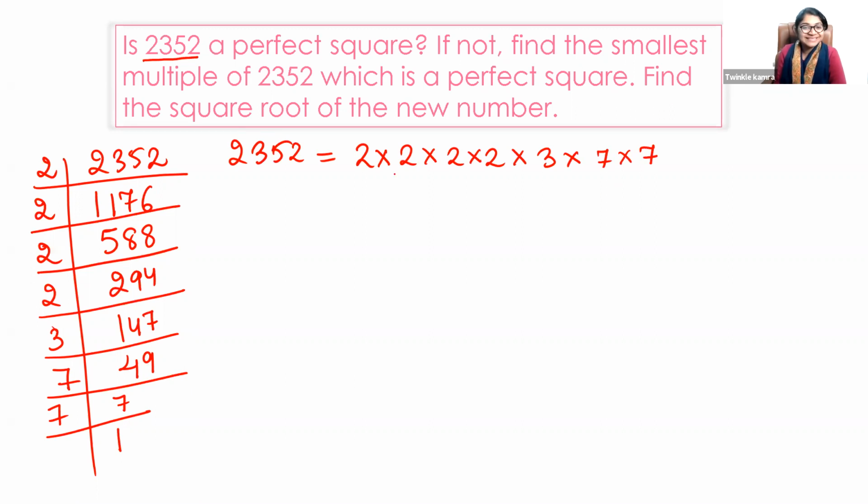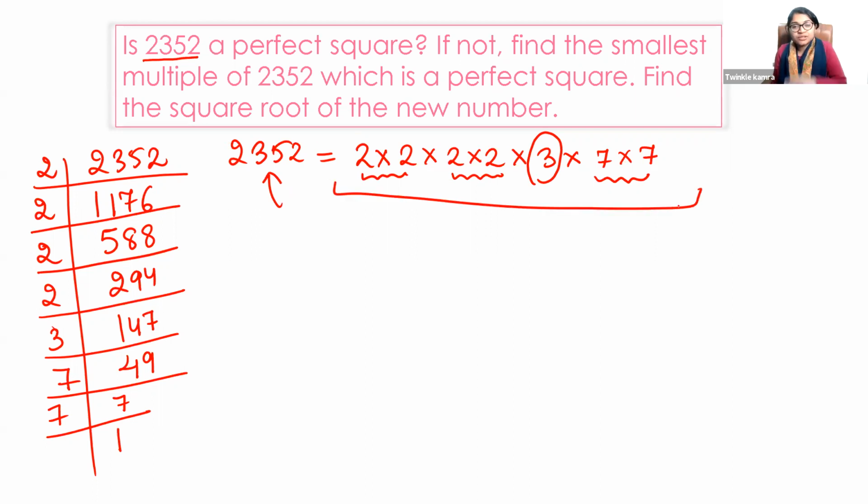Let's make the pairs. This is a pair, fine. This is a pair of same numbers, fine. This is a pair of same numbers, fine. Oh, this 3 is single. Now what comes to your mind? Ma'am, if I somehow could give this number one more 3, if I could multiply this whole expression with 3, I'll get a perfect square.